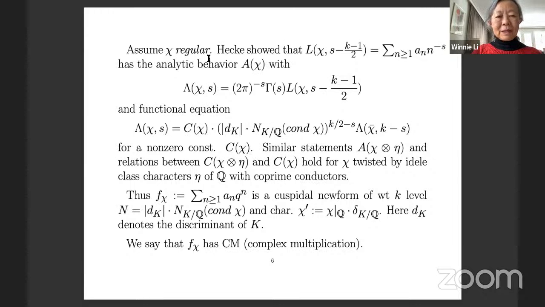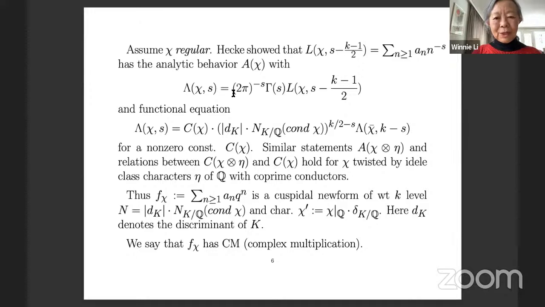In this case, Hecke showed that if I take the L function associated to chi and shift the variable a little bit, changing it to s minus (k minus 1)/2 to get a Dirichlet series, then this L function will satisfy the conditions I listed at the beginning, with the gamma factor, which is what we like, being (2 pi) to the minus s times gamma of s.